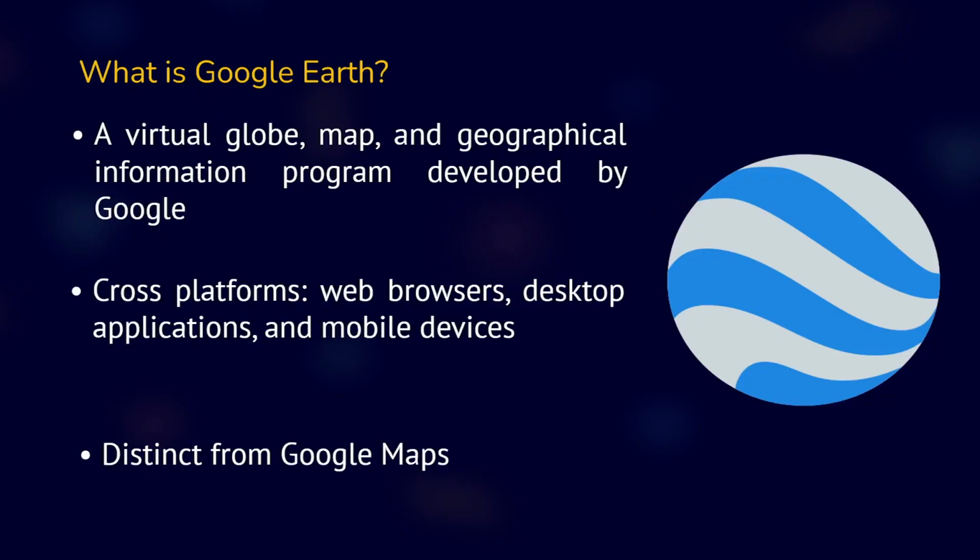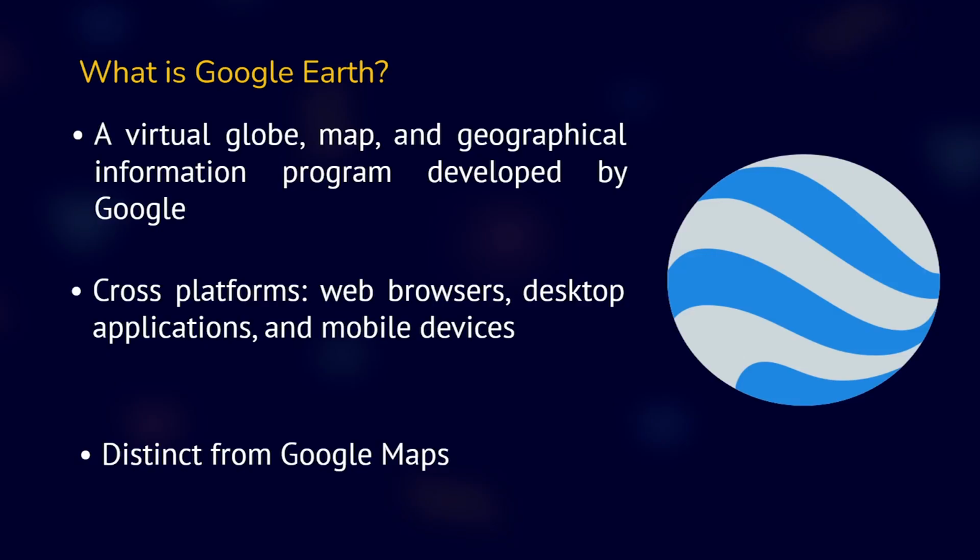It is a virtual globe where we can develop data and get insight for our GIS and location-based operations. It is available cross-platform: on web, as a desktop application, as well as on mobile devices. We will dive deep into the desktop application, as it has more capability compared to the web browser.